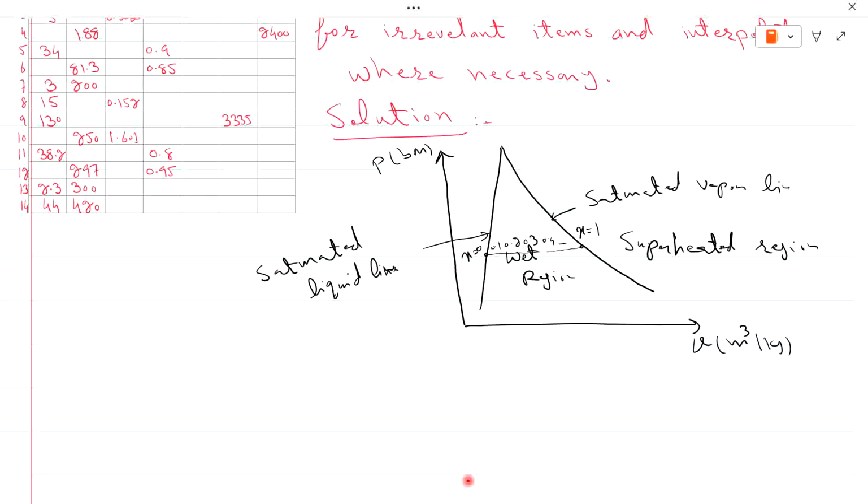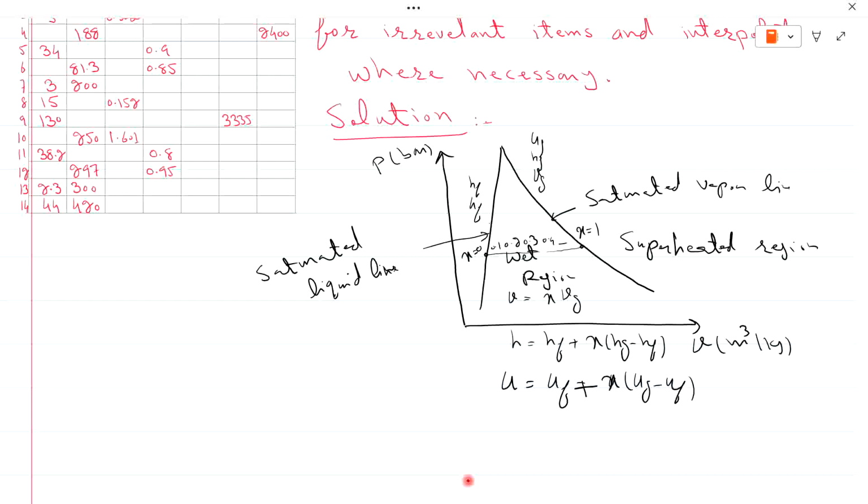Specific volume V is equal to Vf plus x(Vg minus Vf), specific enthalpy is equal to Hf plus x(Hg minus Hf), and specific internal energy U is equal to Uf plus x(Ug minus Uf), where Hf and Uf are the properties of liquid on this line, and Vg, Hg and Ug are properties of vapor on this line.